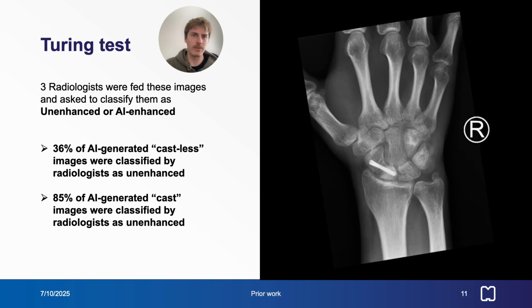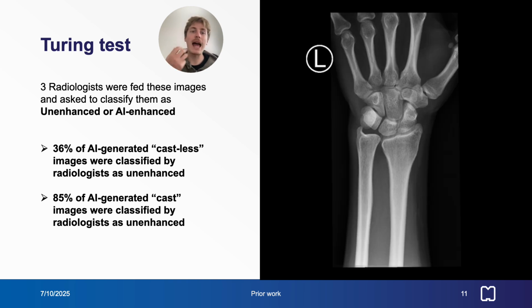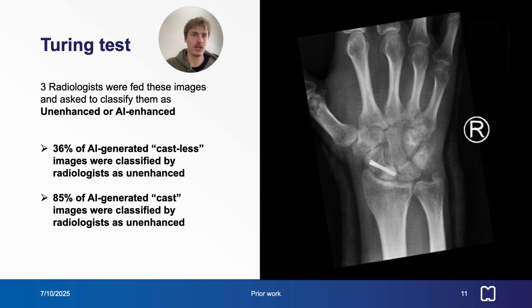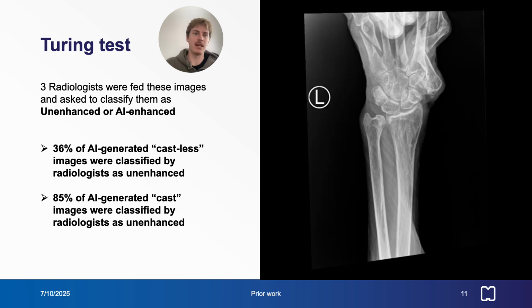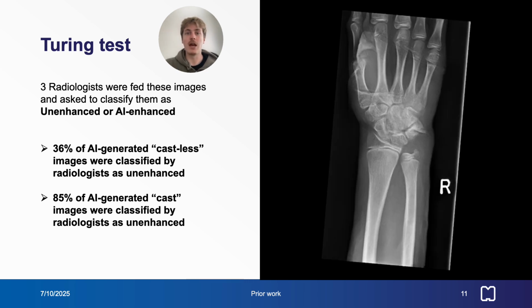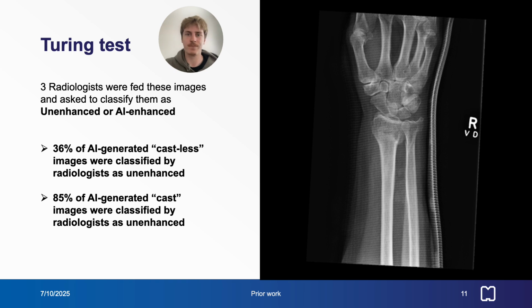So through this experiment, we showed that our CycleGAN model is able to digitally add casts onto radiographs that radiologists think are real. So clearly, it's easier to generate casts than it is to remove them. And this is really what motivated us to take a different approach.